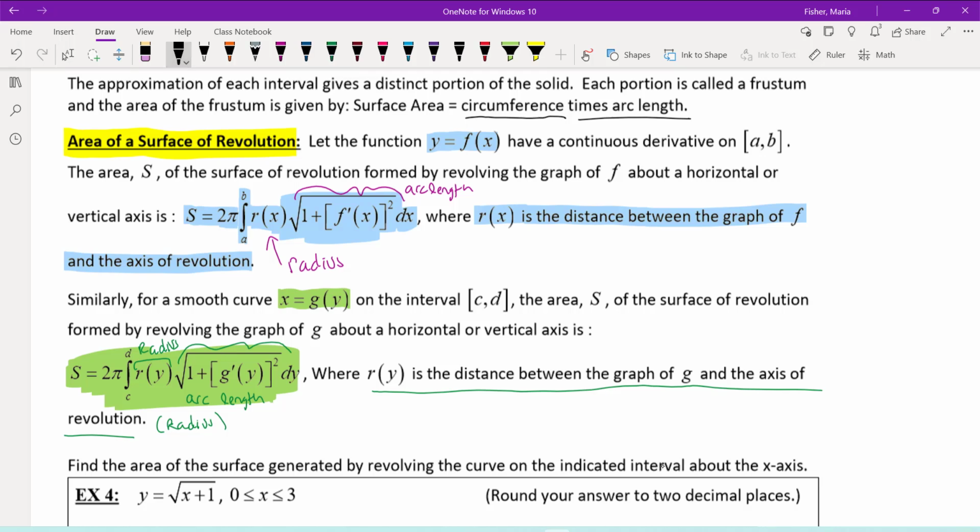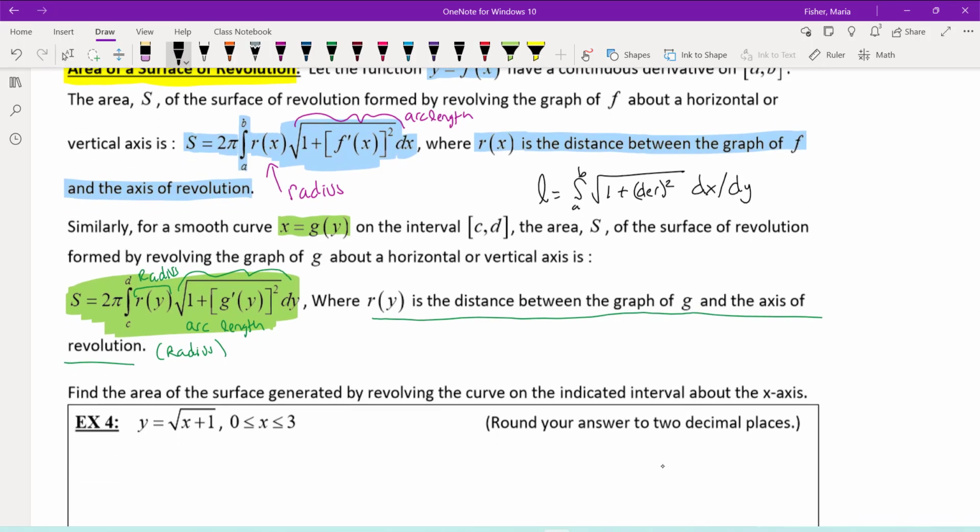Just like there was only really one formula you had to know for arc length, remember, for arc length it was L equals the integral from a to b of the square root of 1 plus derivative squared, and either dx if you're given a function of x, or dy given a function of y. There is only really one formula that you need to know for surface area of revolution, and that is surface area.